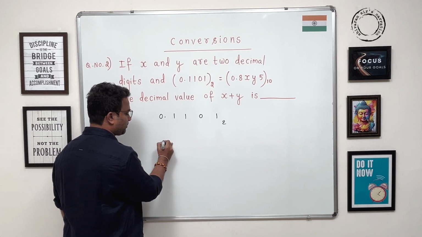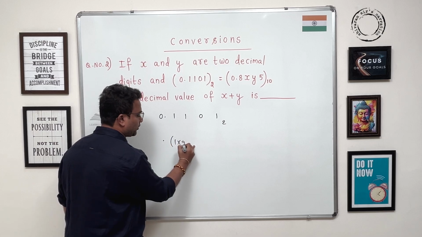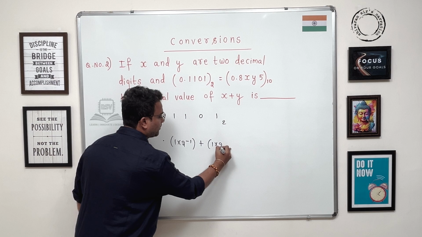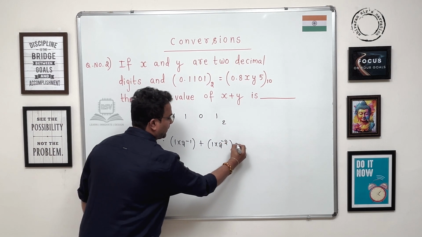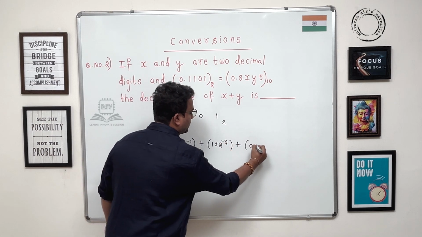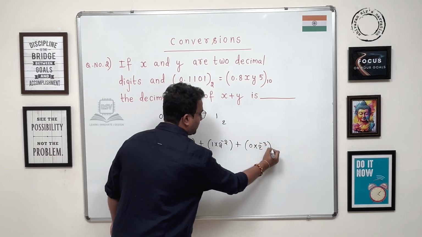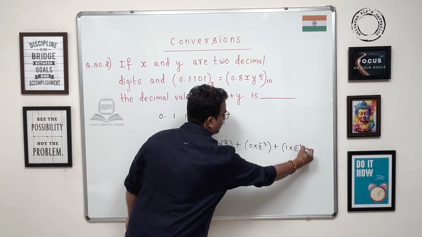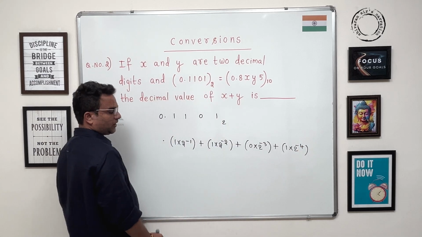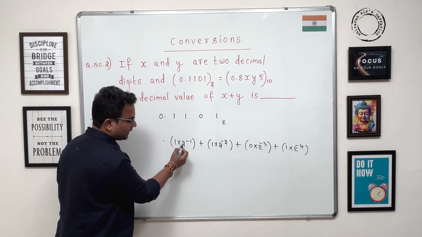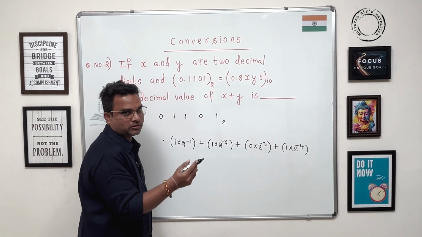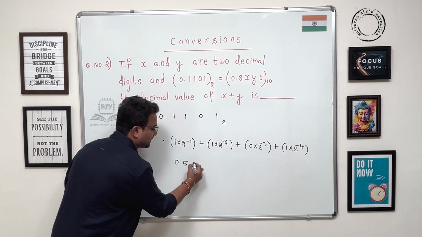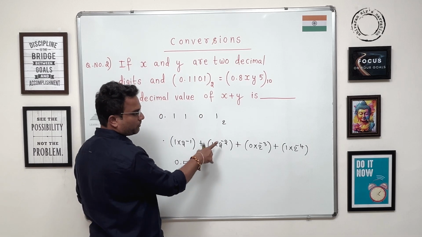So here 1 into 2 power minus 1 plus 1 into 2 power minus 2 plus 0 into 2 power minus 3 plus 1 into 2 power minus 4. Okay, this is the one. Now here, what is 2 power minus 1? 1 by 2, 0.5. 1 into 0.5, 0.5.